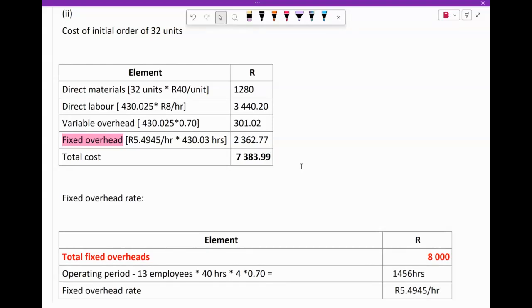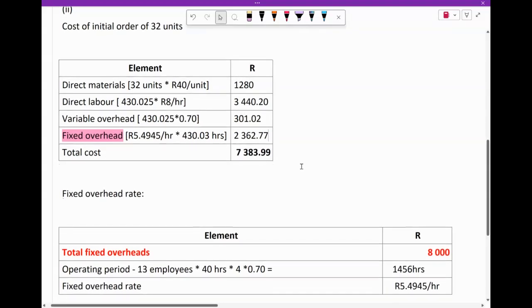So we dealt with the second part. We can now move on to the last bit there. Using the data provided, estimate the product cost of the second order of 32. Okay, so there we're doing exactly the same thing.